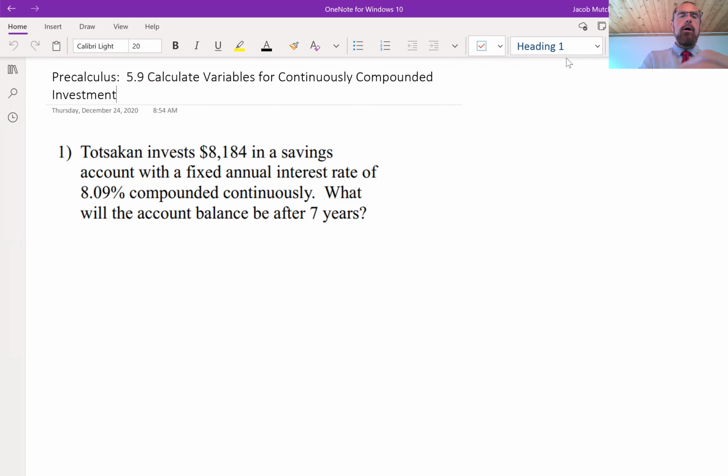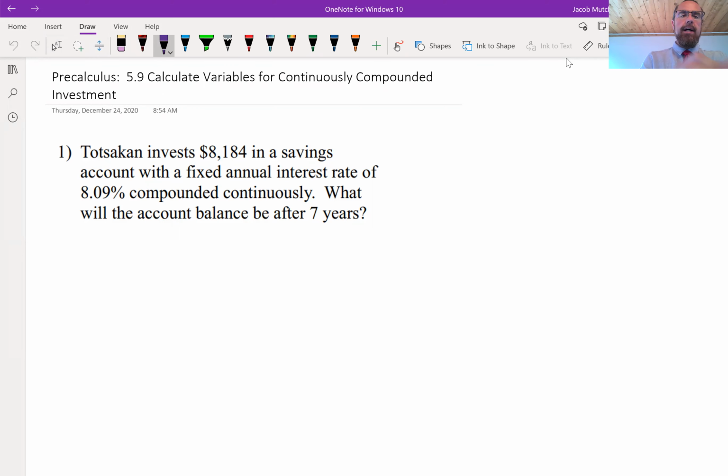When you're solving a problem like this with investment, what we want to identify is how the interest is compounded. We've seen compounding at certain intervals throughout the year, but this question is presented that the account's going to be compounded continuously. And that gives us a different type of formula.